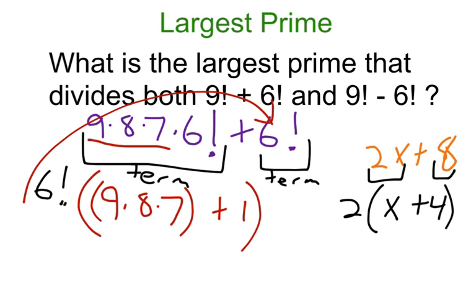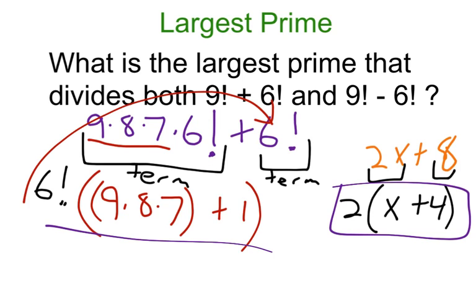Positive 4. So just like doing this easier example, we did the same thing over here with the factorials. They both had a 6 factorial, so we factored it out right here, and then we put what remained on the inside.